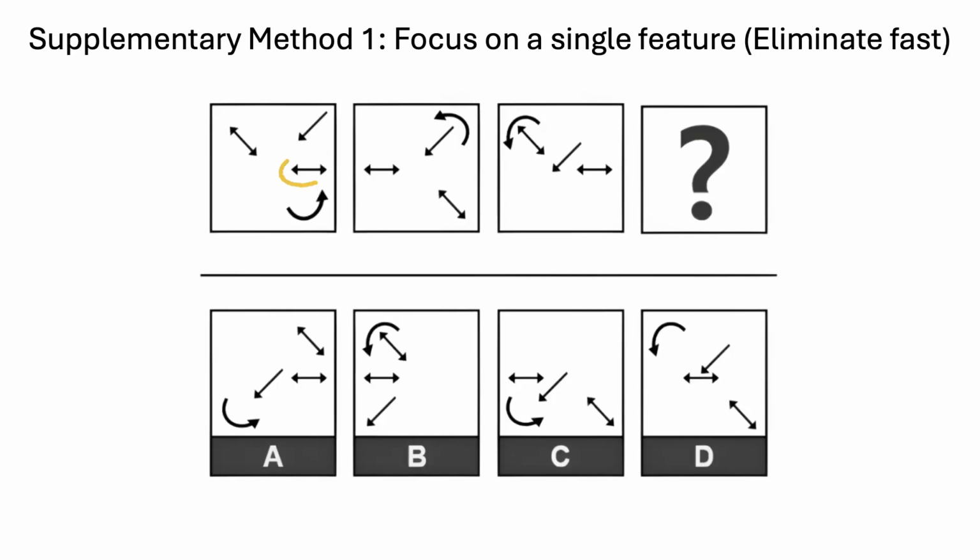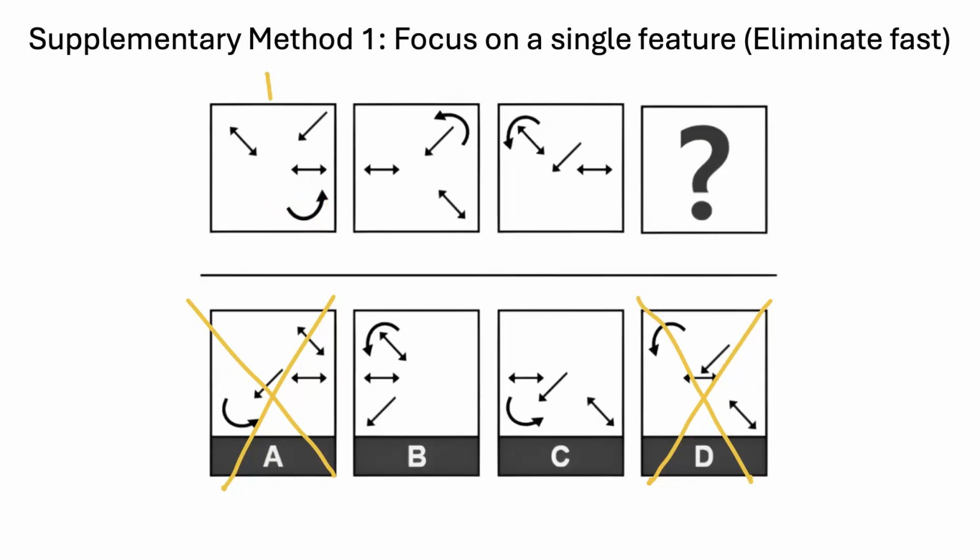By comparing the frame-by-frame movement of this horizontal bidirectional arrow, we eliminated A and D. And then, to get to our final correct answer of C, we compared the movement frame to frame of this diagonal bidirectional arrow. But instead, let's start from the same point, but choose this curved arrow. So here we have this curved arrow in the bottom right of the frame, and it's pointing up.